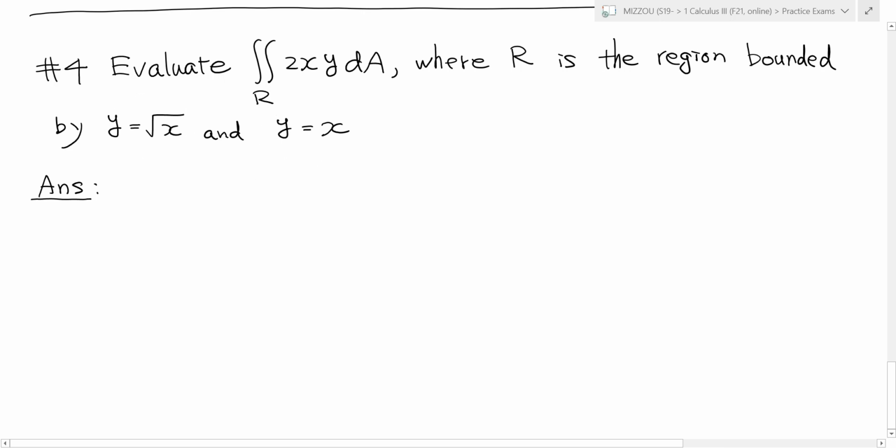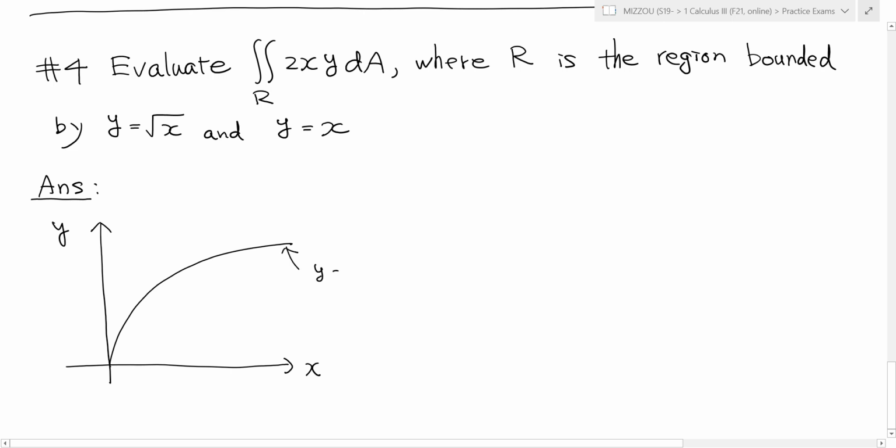So in this case, you have to sketch the region of integration. y is equal to root x is a parabola like this, and this is y is equal to root x. And then y is equal to x is a line. So this line is y is equal to x.